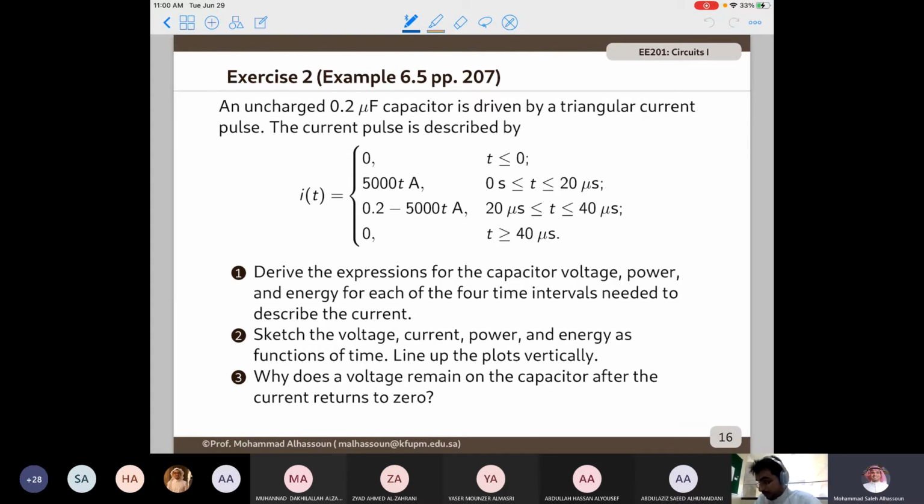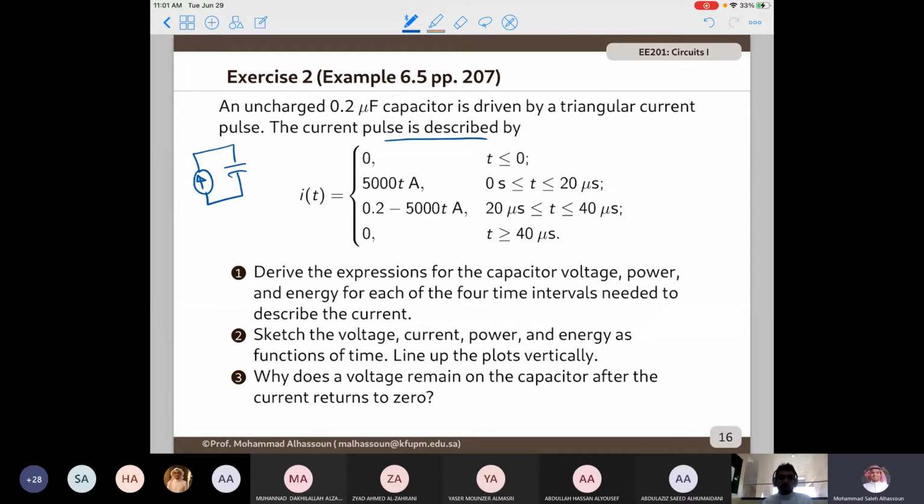In this exercise, we have an uncharged capacitor, something like this. This capacitor is driven by a triangular current pulse, so we have a current source connected to the capacitor. The value of the current pulse is given by this formula.